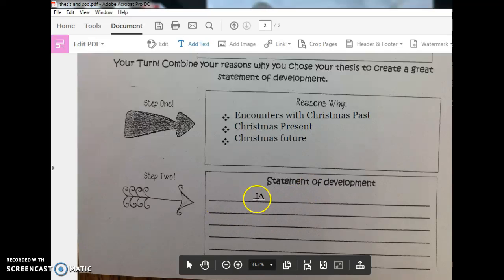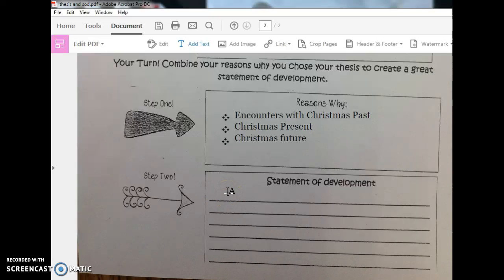Now, in your statement of development, this is where some individuality is going to come into play. You are going to identify how or what Scrooge changes. So this is again just an example, and you may format it in whatever way that you want. But this is how I'm going to combine my thesis and my reasons why.